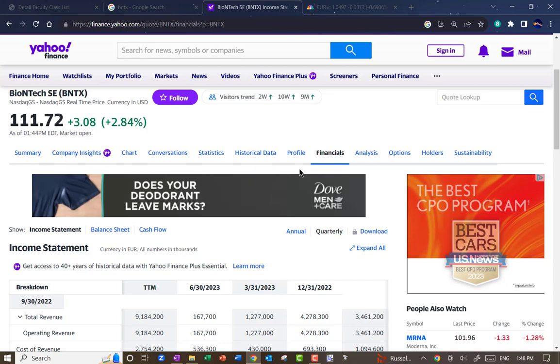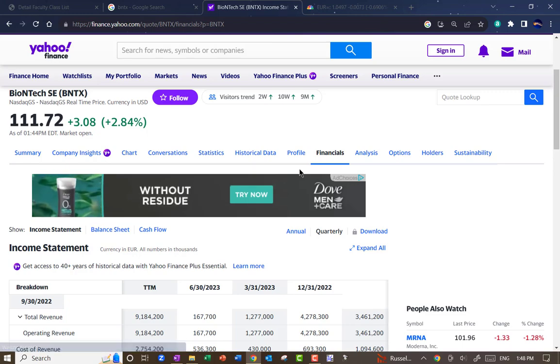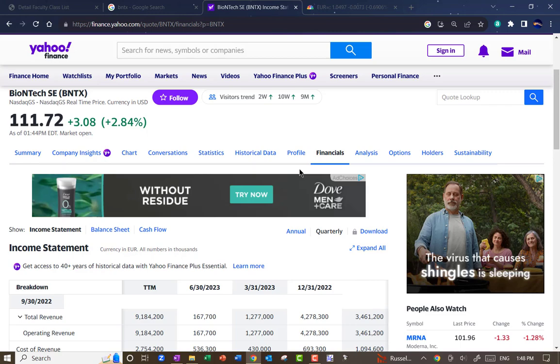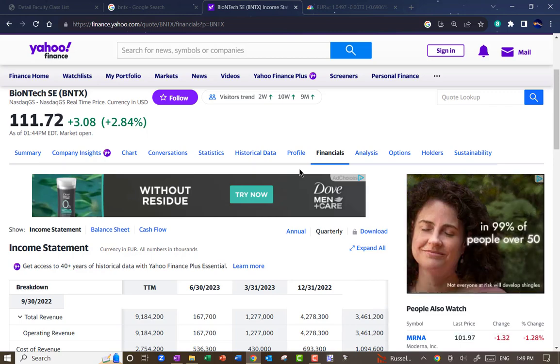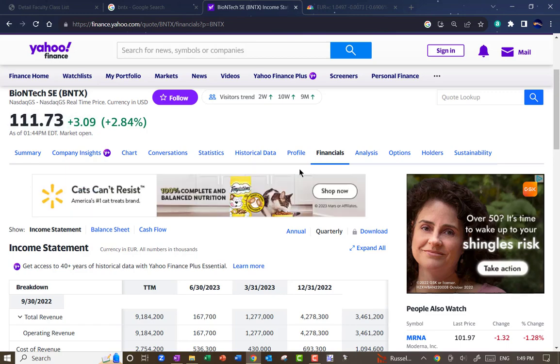So does Moderna like the fact that the euro is going down in value? No. In fact, they're kind of screwed from both sides. If they're selling vaccines in Europe and they make some sales, those sales are not worth as much in US dollars, because they receive euros and they convert them to dollars.